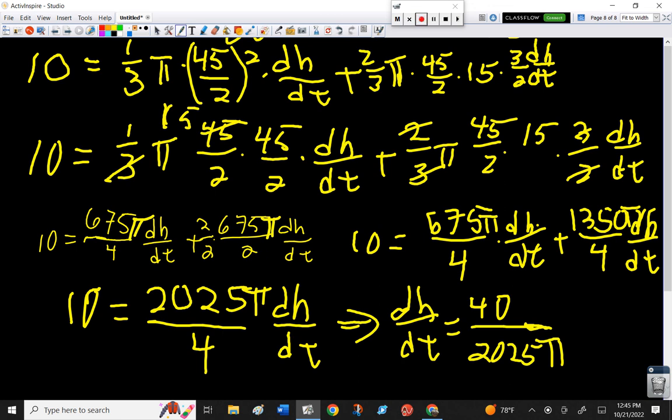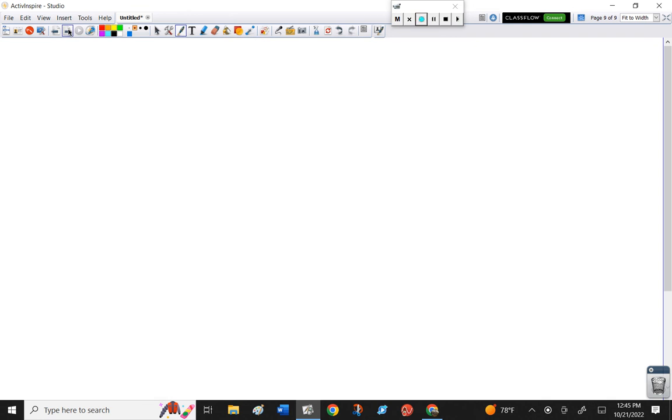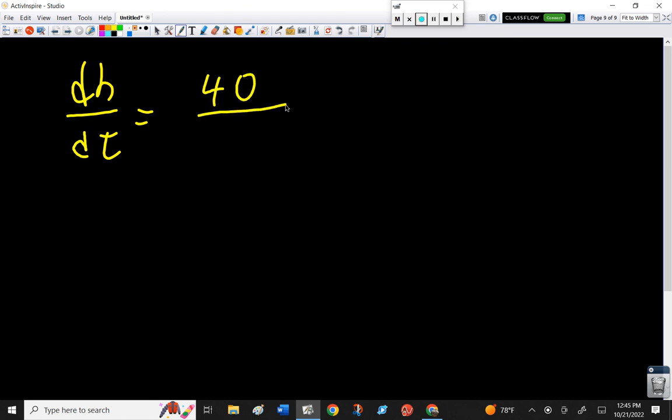All right. Now that could be simplified, ladies and gentlemen, and on the next page I will simplify it. But let's go ahead and take that, and let's simplify it on the next page. So 40 over 2025 pi turns out that dH dt is going to equal 40 over 2025 pi.